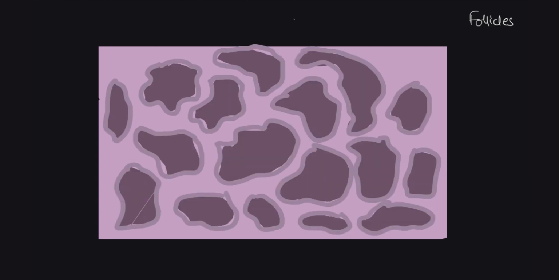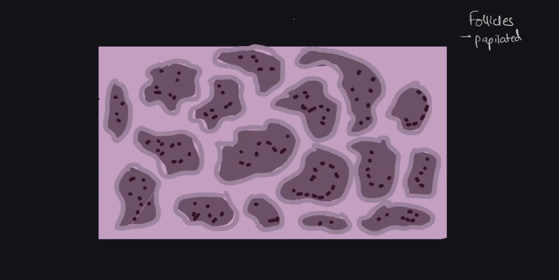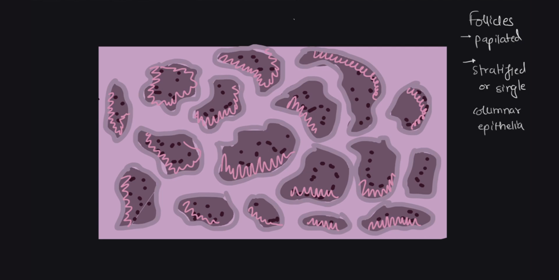Let's take a look at the microstructure of the prostate. The prostate consists of a lot of follicles, and all of these follicles are papillary, meaning they have papillae in them. They're also lined by an epithelium, which is mostly stratified columnar epithelia, or it can also be single columnar epithelia.